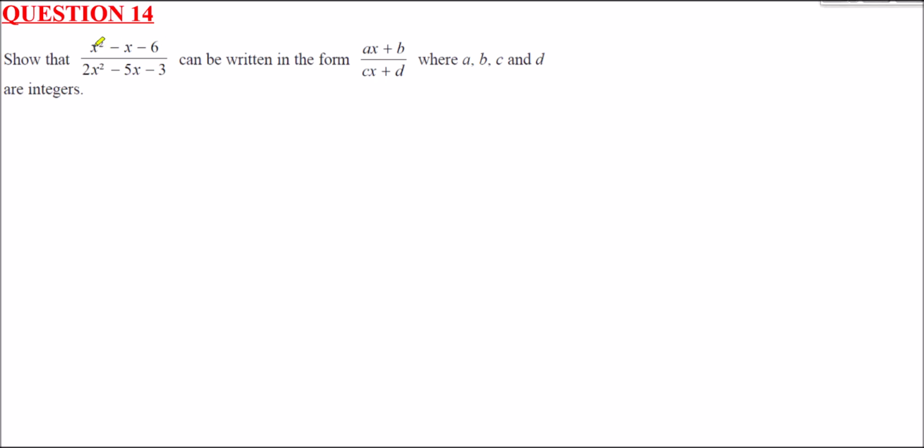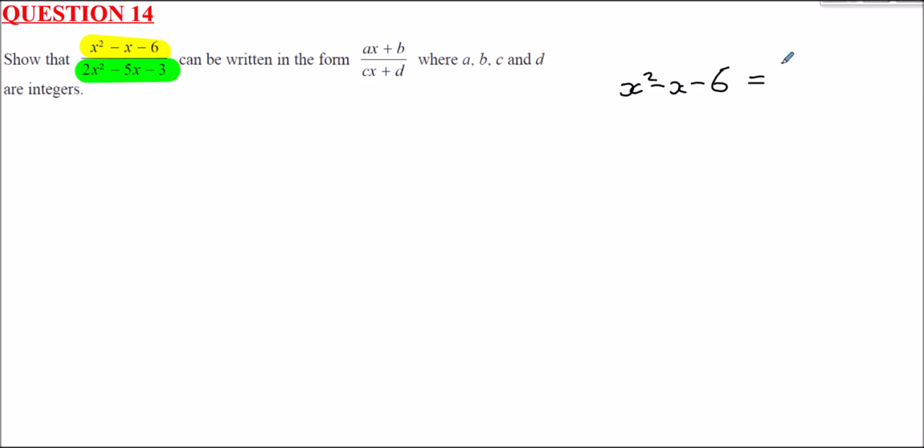So I'm going to factorize x squared minus x minus 6 and also factorize 2x squared minus 5x minus 3. I'm going to do this separately. So x squared minus x minus 6 is a relatively standard one. We need to find two numbers that multiply to give minus 6, but when I add them together, I get negative 1.